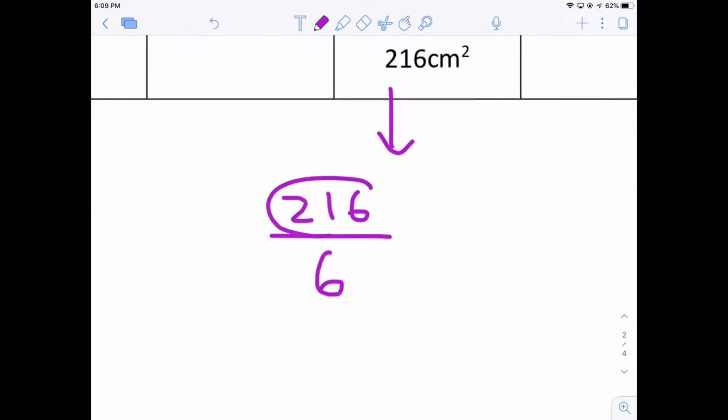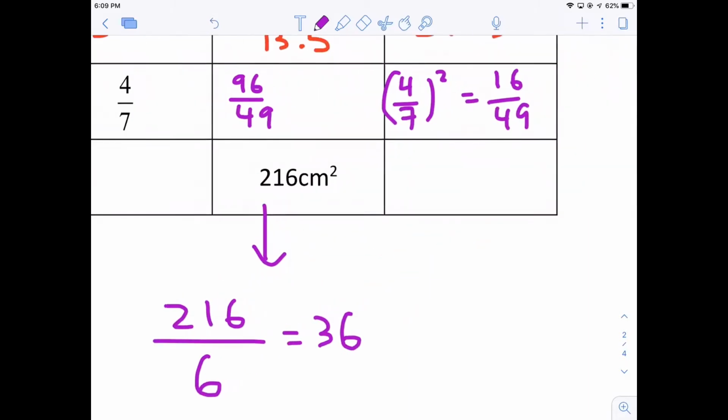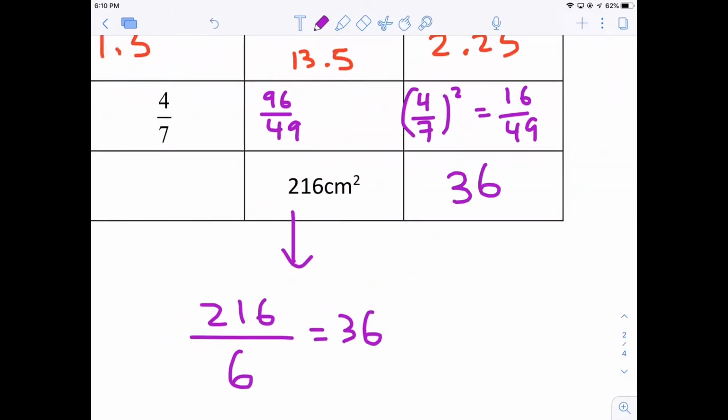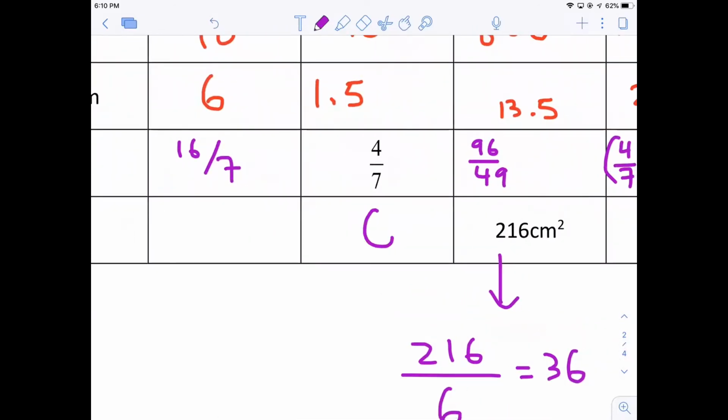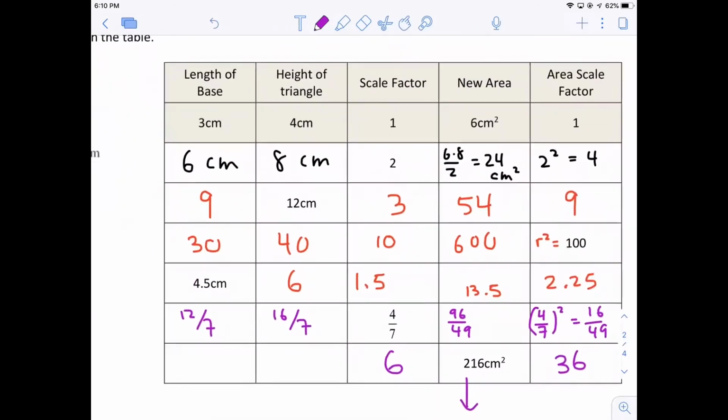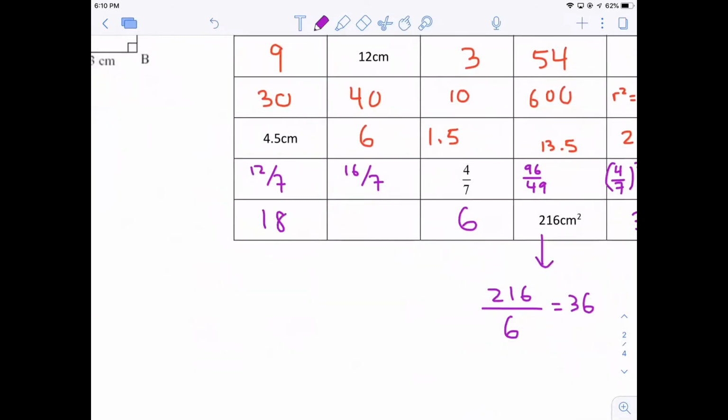So new over original or image over original. So 216 divided by 6. What is that equal to? I think that is 36. So my area scale factor was 36. Which means this scale factor here is 6, and that means my lengths were 18 and 24.